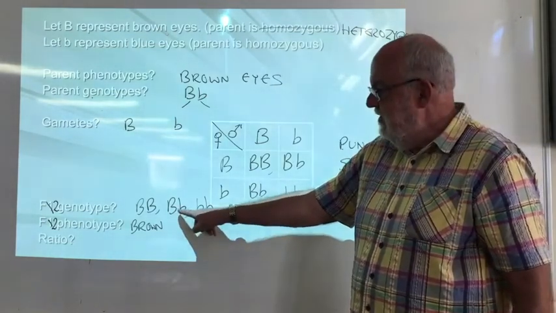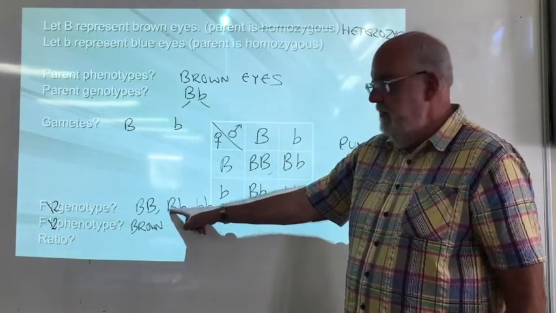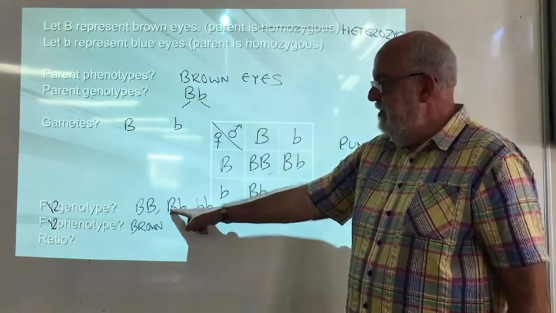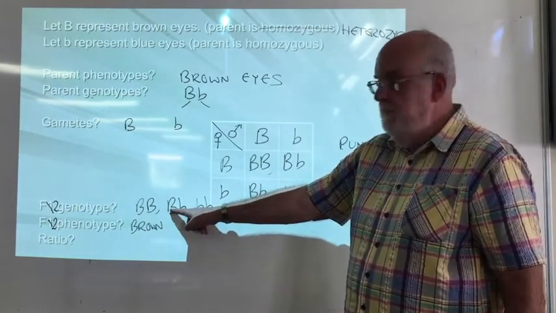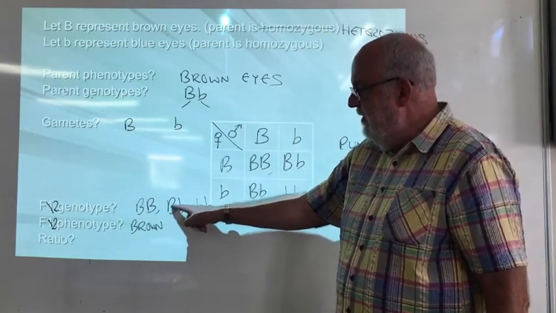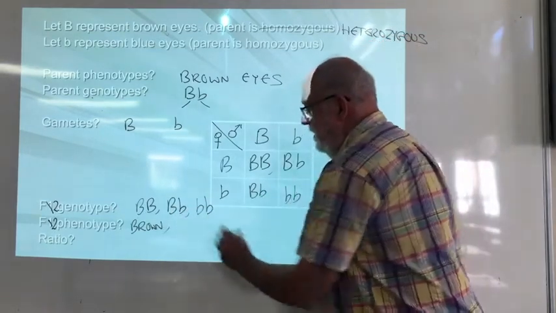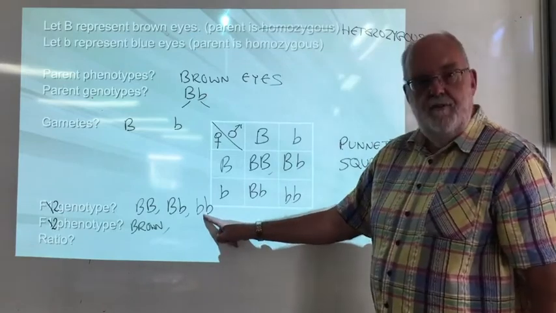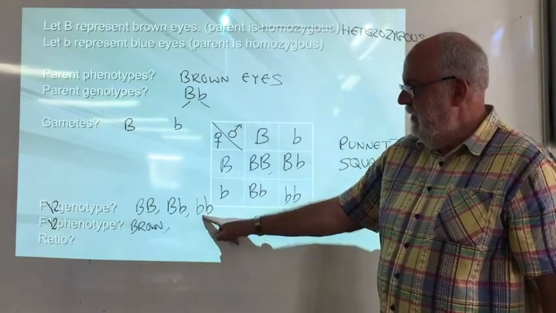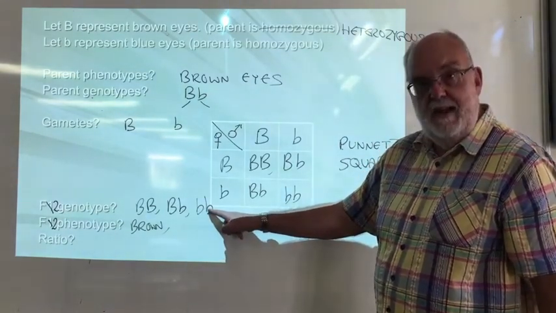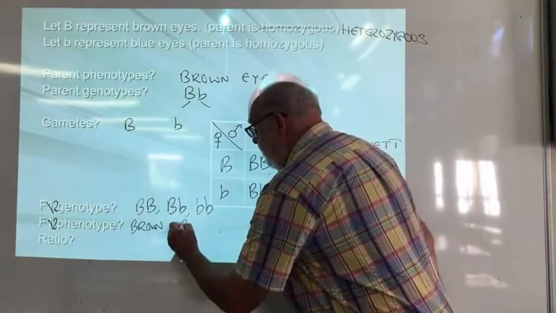Again, because it's got the capital, that's the dominant one, so that's going to be in the phenotype. So this is going to be brown as well. So you don't need to rewrite it. And the phenotype of this one, two recessive alleles, is going to be blue.